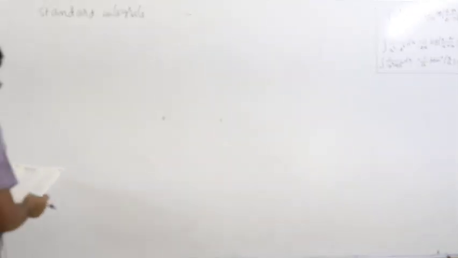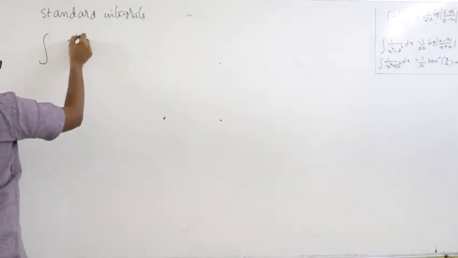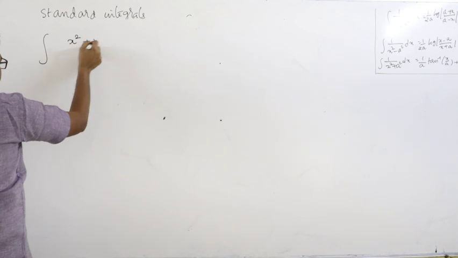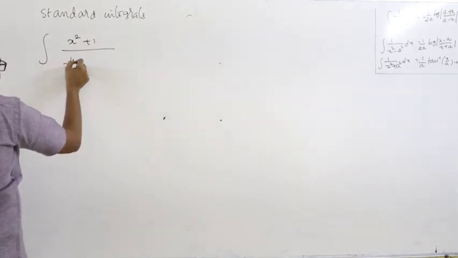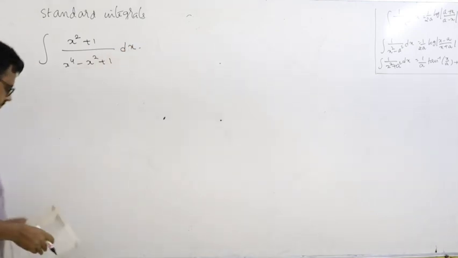Next one, integral x square plus 1 by x power 4 minus x square plus 1 dx.